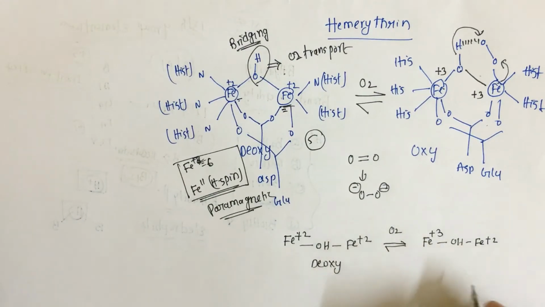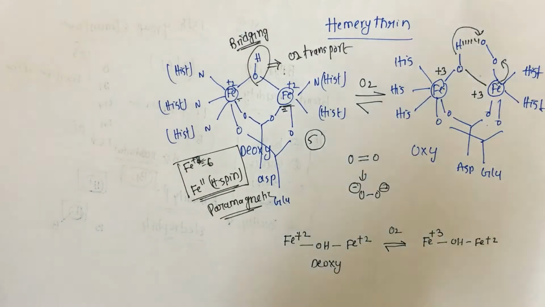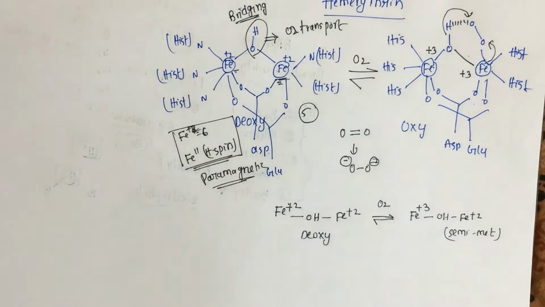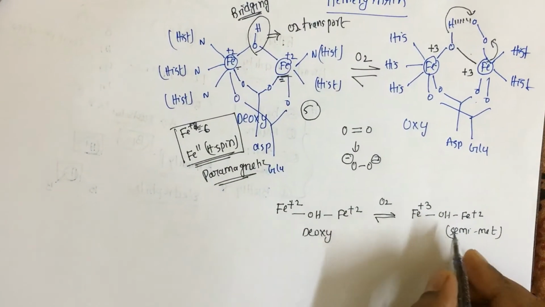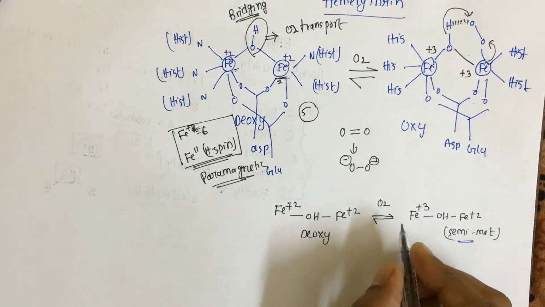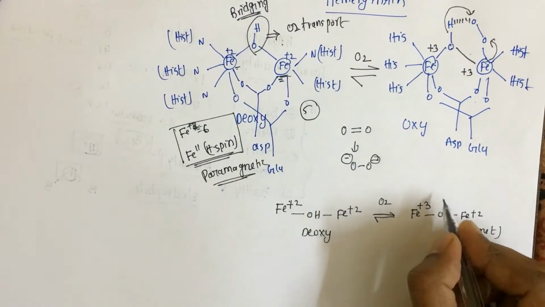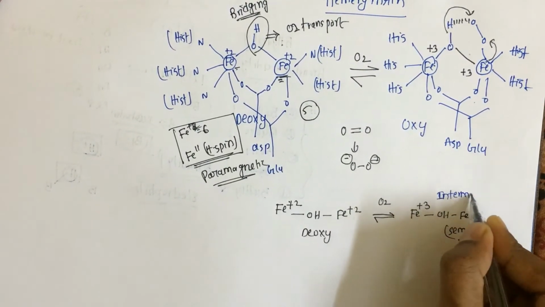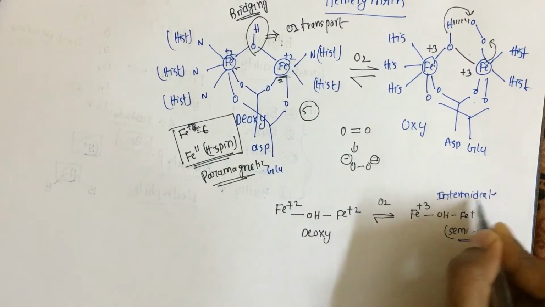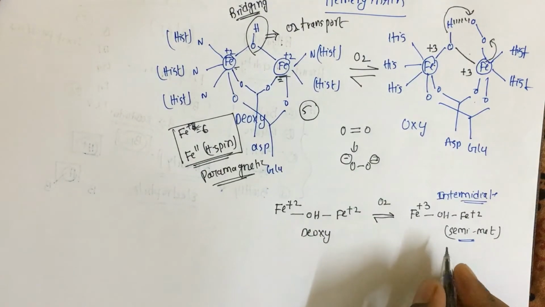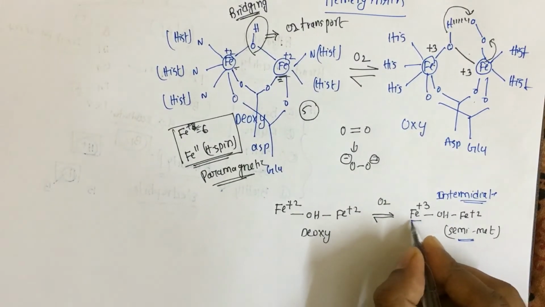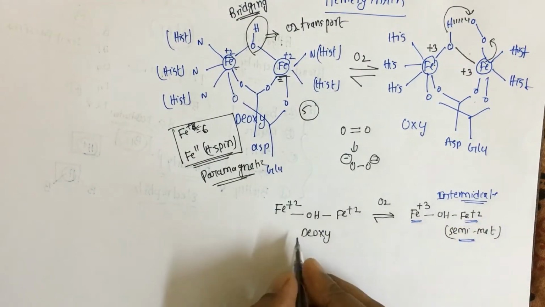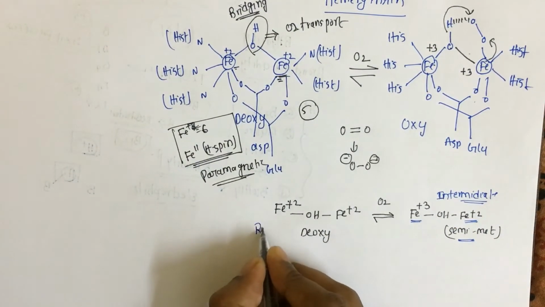This we call the semi-met form. This is unstable. We call it an intermediate. This shows mixed valence: one iron atom in the +3 oxidation state, another iron atom in the +2 oxidation state, and the deoxy form we call the reduced form.